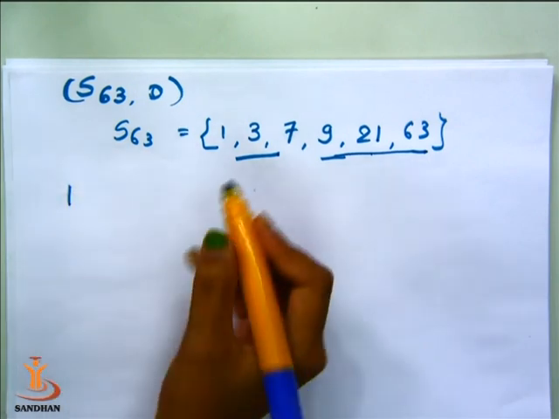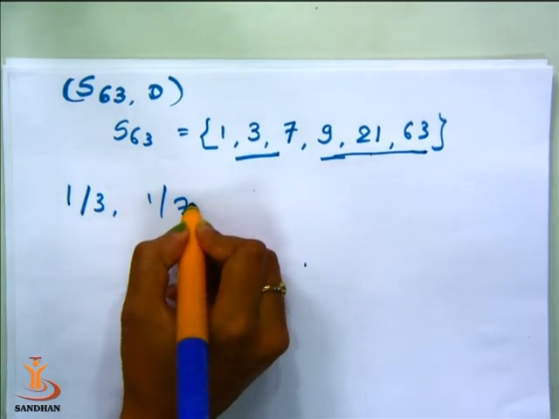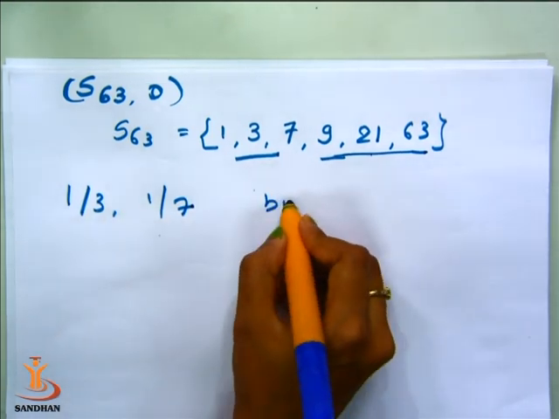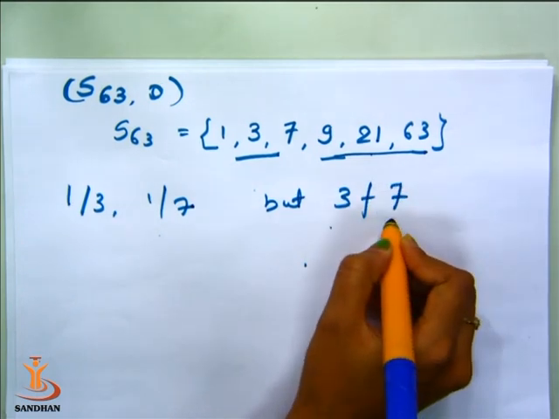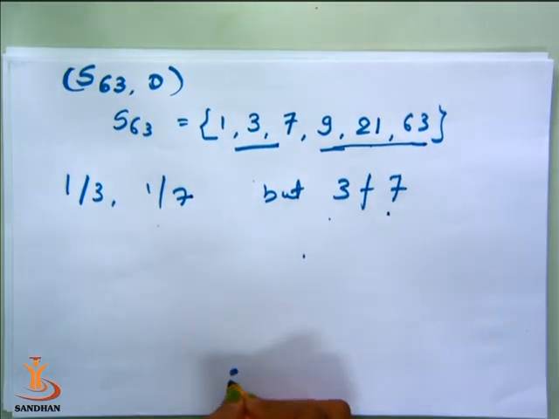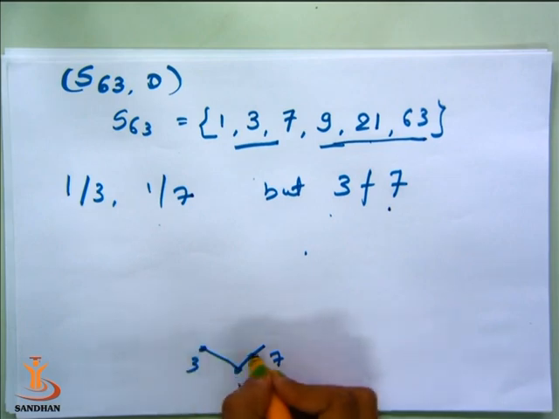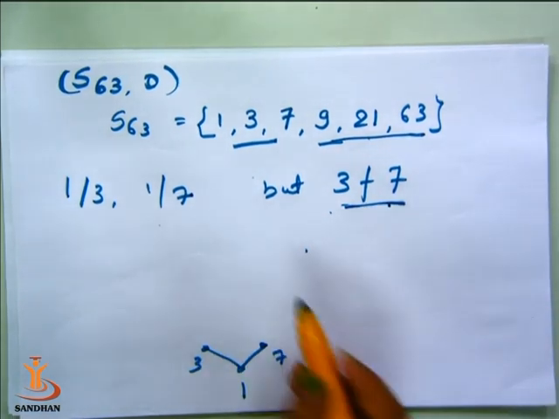Now first 1 divides 3 and 1 divides 7. So we join 1 and 3 and 1 and 7 here, but 3 does not divide 7. So 3 and 7 have the same height. So starting with 1, it divides 3 and 7, but 3 and 7 are not related, so both have the same height.